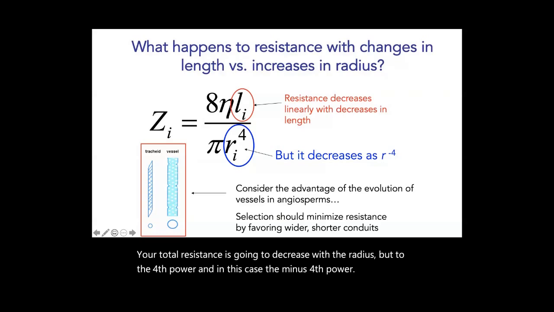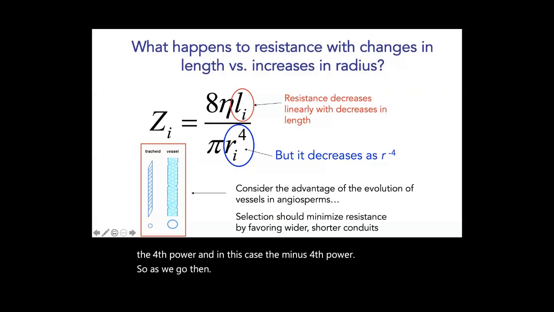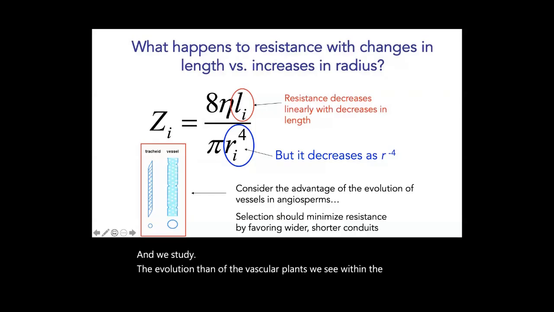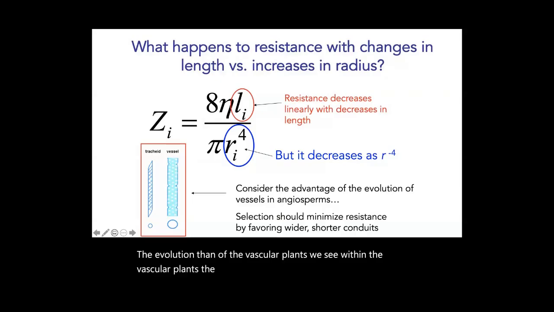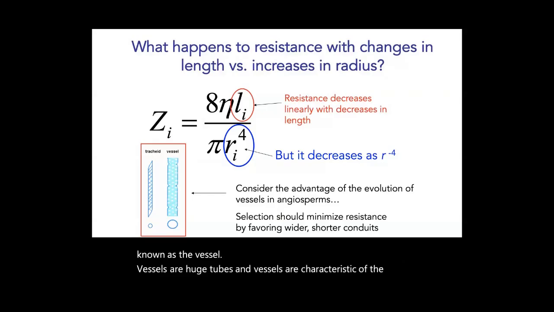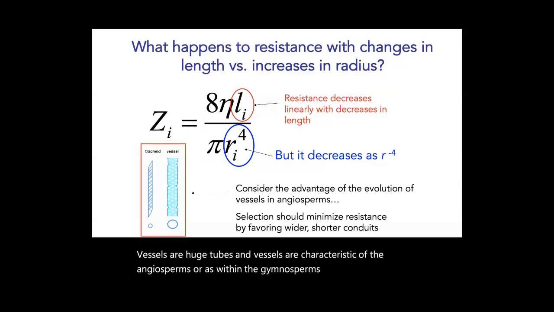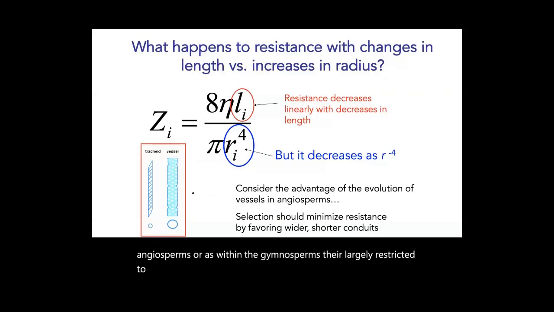So as we study the evolution of the vascular plants, we see within the vascular plants the evolution of plants that have something known as the vessel. Vessels are huge tubes, okay? And vessels are characteristic of the angiosperms, whereas within the gymnosperms, they're largely restricted to having tracheids. Tracheids tend to be relatively small tubes.